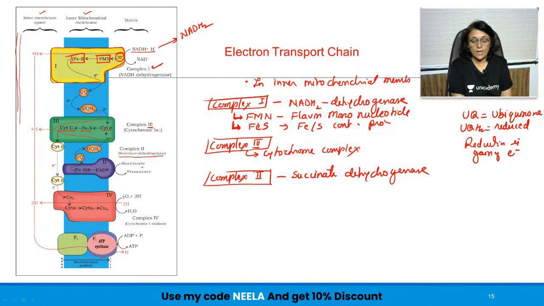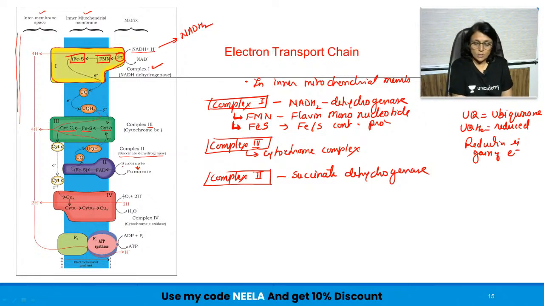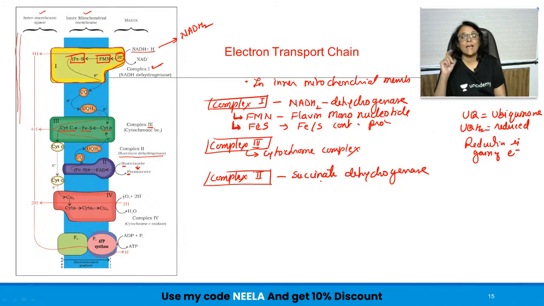Here succinate is changing into fumarate. So this protein, complex 2, is doing two jobs.